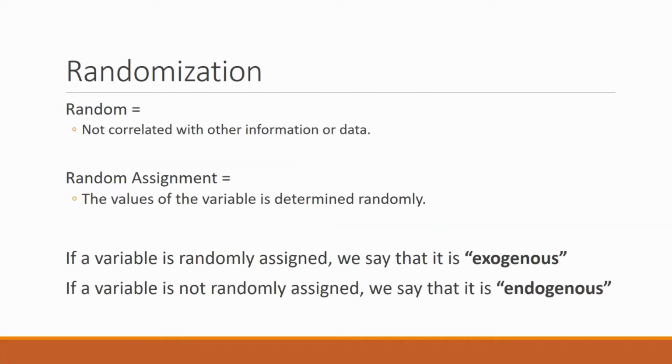So what does this mean? Let's take this and go deeper, talking more about randomization. What do I mean by random? Random information or random data is not correlated with any other information or data.